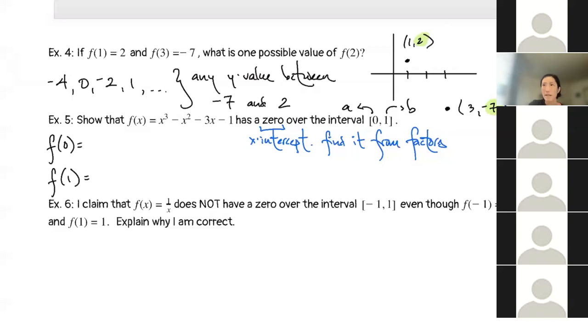All right, I got f of 0 equals -1. Oh, I'm so sorry. There's a typo. This is supposed to be +1, which now changes your computations. So sorry.